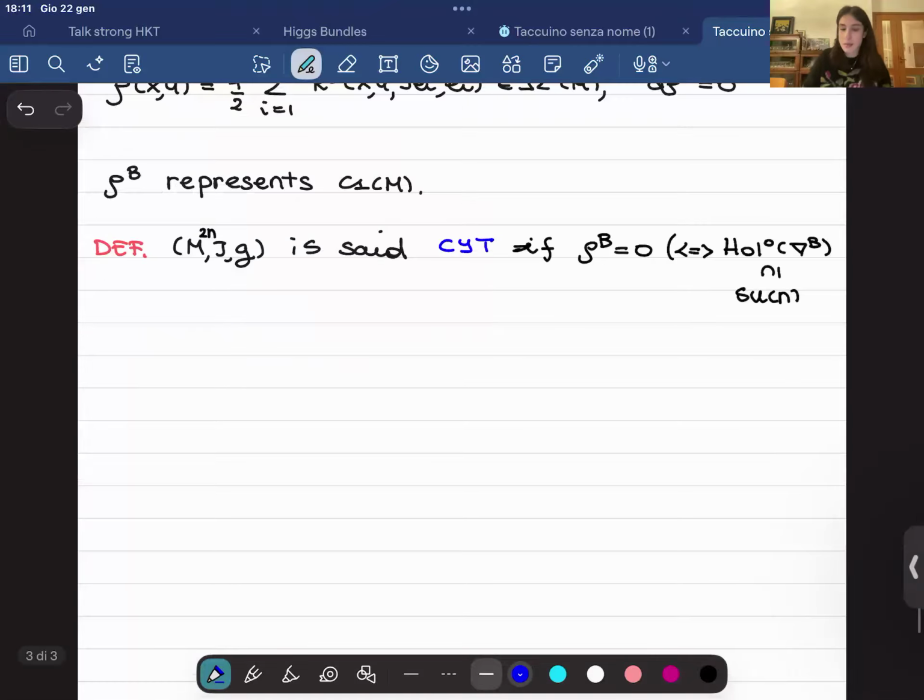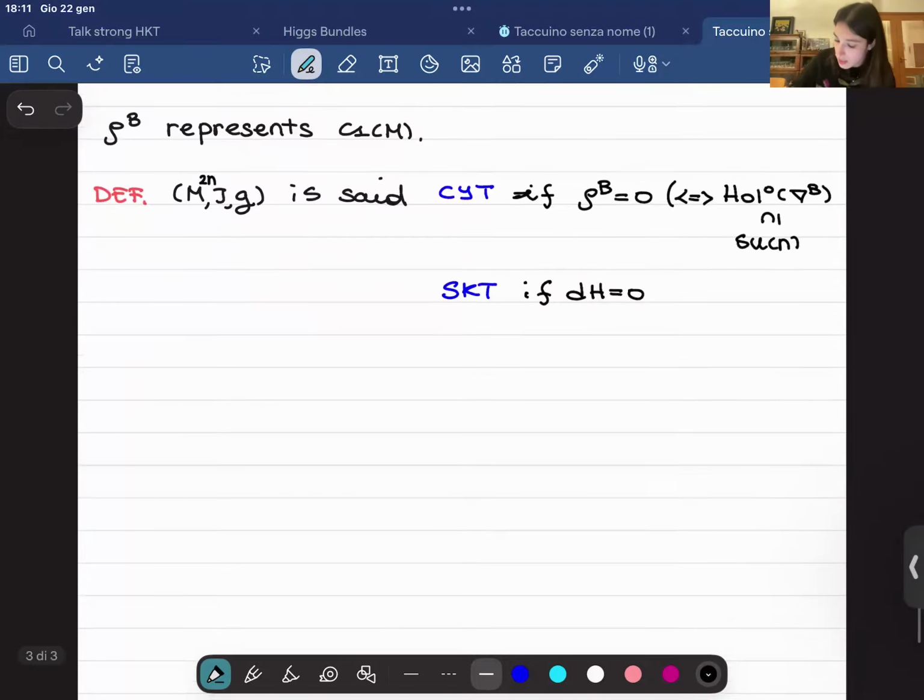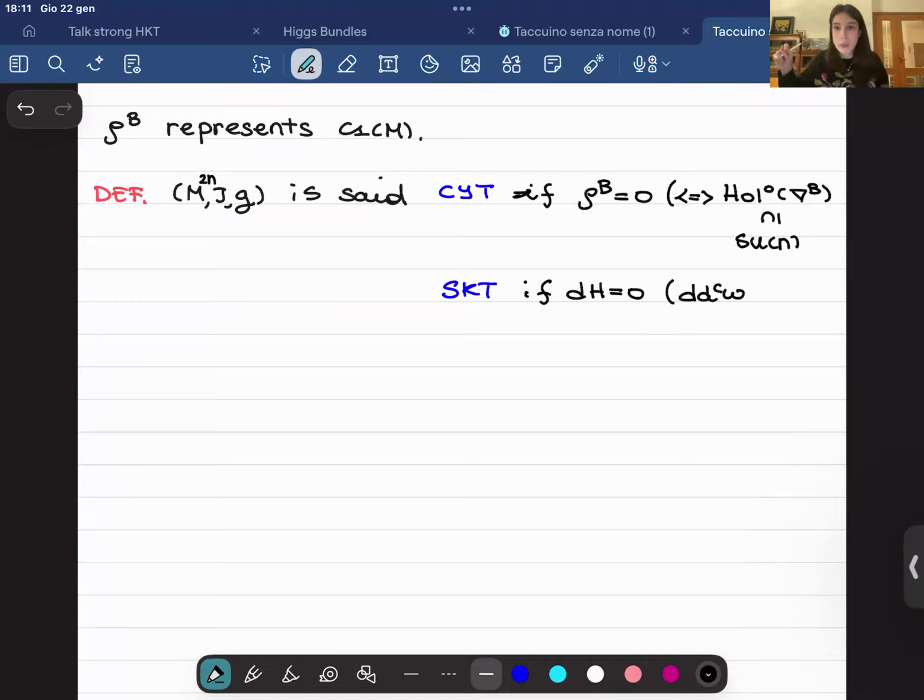Secondly, I say that my Hermitian manifold is strong Kähler with torsion, or pluriclosed, whenever the Bismut torsion is closed. So if dH is equal to 0, which is equivalent by the definition of H to asking that dd^c of omega, where omega is the fundamental form, sorry, I forgot to say this, is equal to 0, or if you like the complex point of view, this is just ∂∂bar of omega equal to 0.